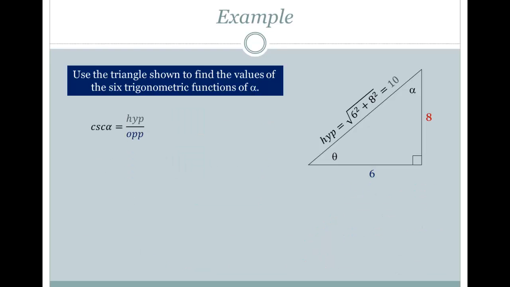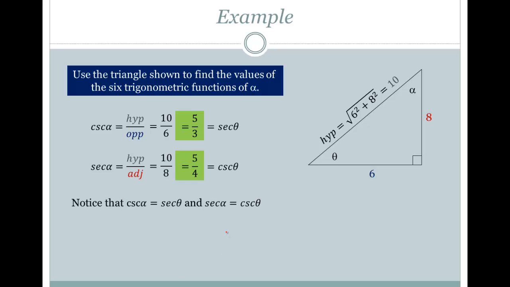Let's see if it works for cosecant and secant. Cosecant is hypotenuse over opposite, which is 10 over 6, or 5 over 3. Secant is hypotenuse over adjacent, so that's 10 over 8, which is 5 over 4. If you look at the secant of theta, it's hypotenuse, which is 10, over adjacent, but for theta that's going to be 6. It's the same thing.